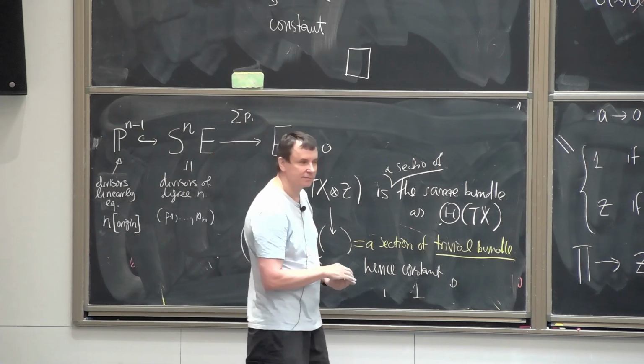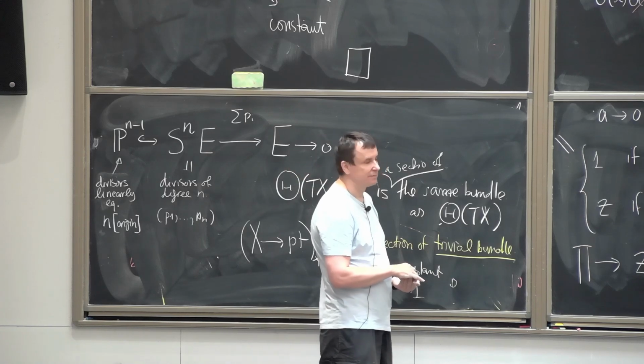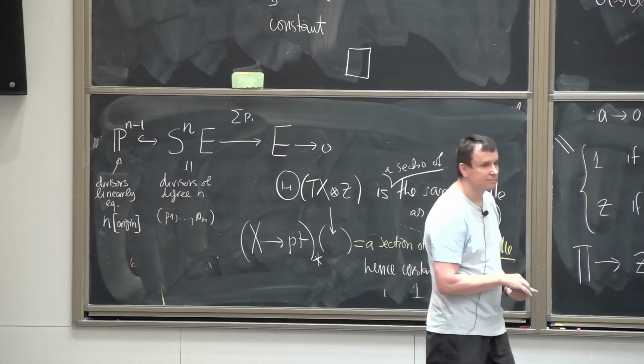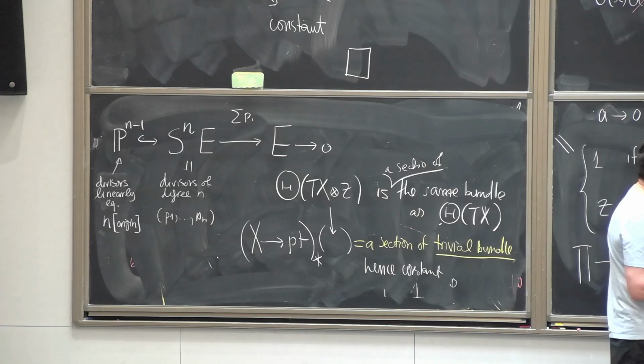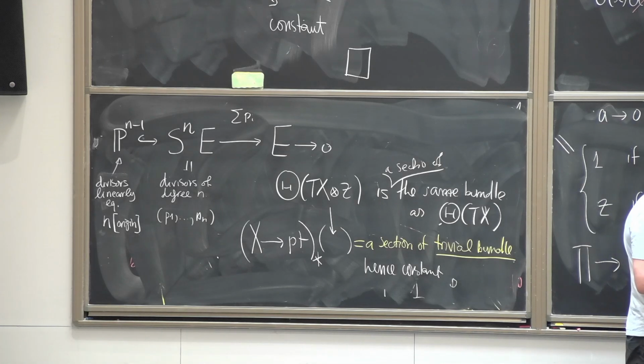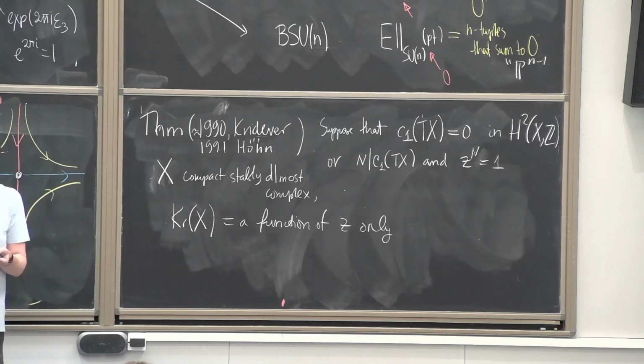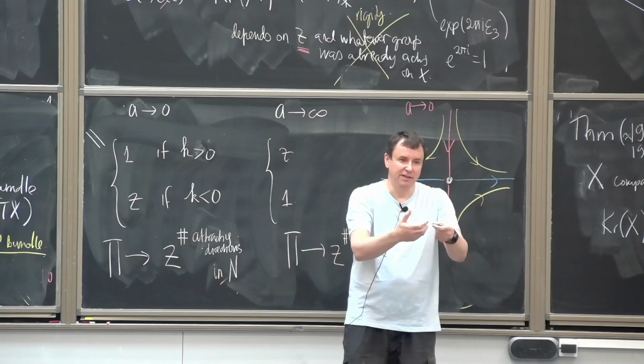Any questions? So in principle, it depends on the equivariant variables. If I have some group action on X, then it will depend on the equivariant variables corresponding to that group, the same as in K theory.